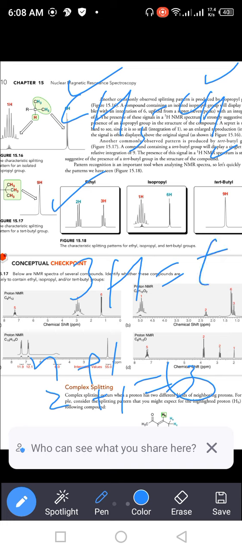So in this NMR spectrum, a triplet is present here. The 3 protons having a triplet indicates that in the ethyl group the 3 protons have CH2 as neighbors, or we can say the integration of 2 protons is present in the neighborhood of CH3.